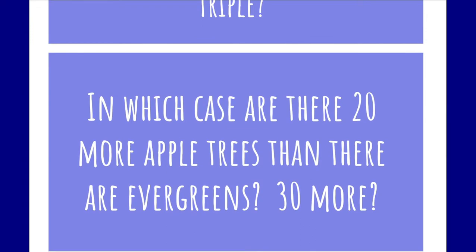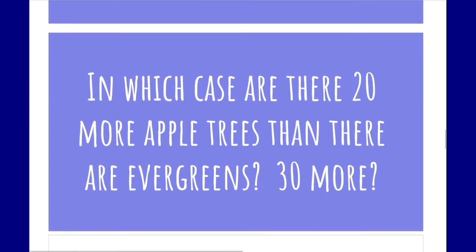In which case are there 20 more apple trees than there are evergreens? And then what about 30 more? Right, so just some extension questions. The last two may be a bit challenging, so if you don't quite get them, that's okay. It's more of just an extension question, looking at the rules.